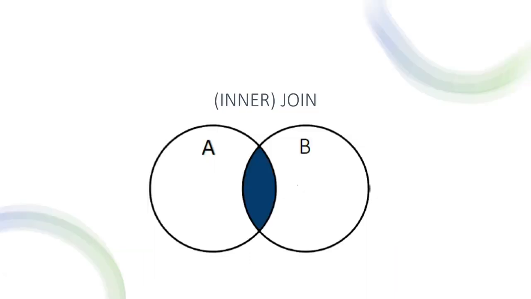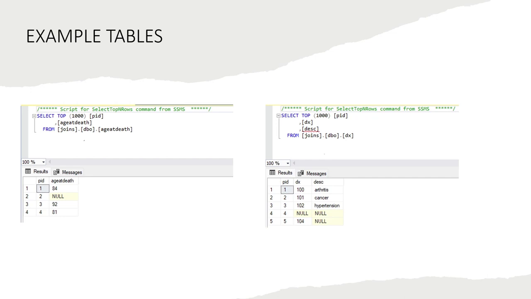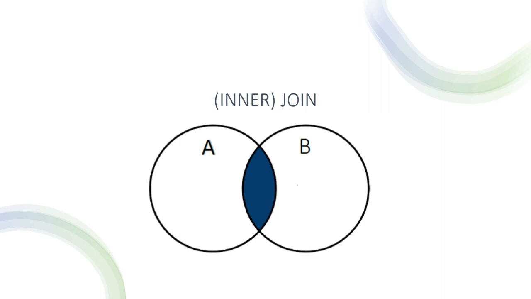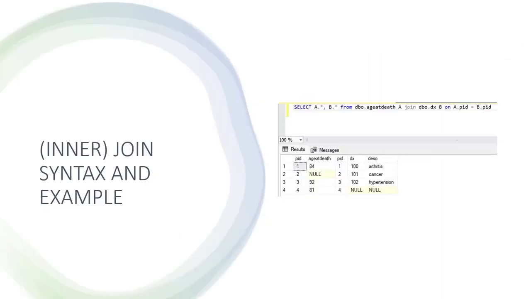If we go back to this example table slide where we can see our B table, which is the diagnosis and description, we can see that we normally have a fifth row, but because we're joining on only the patient IDs that both tables have, we only get 4 since they only both have 4.